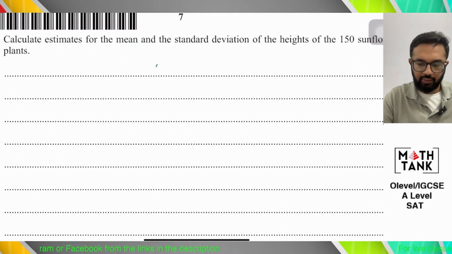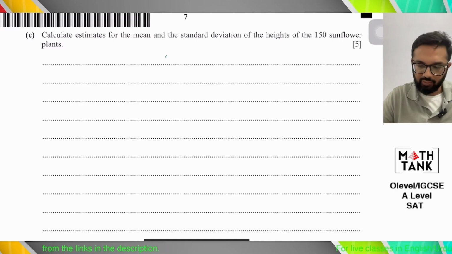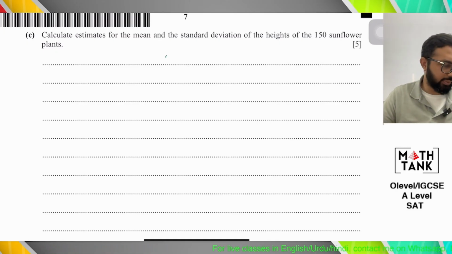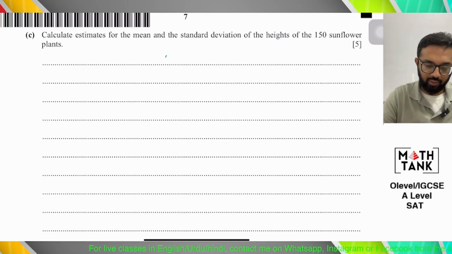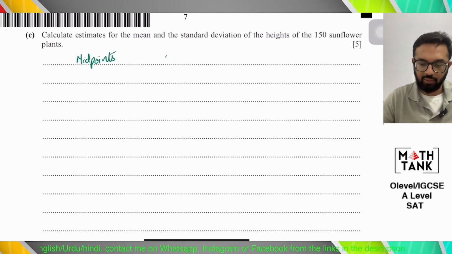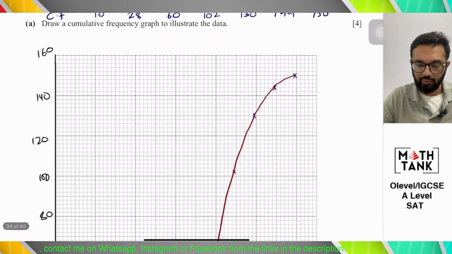It says mean and standard deviation for the heights of the 150 flower plants. What I would suggest doing is making the midpoints and the frequency table here so that we can do some easy calculations on the go.